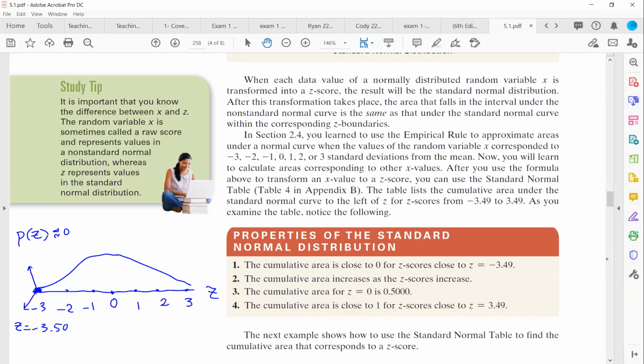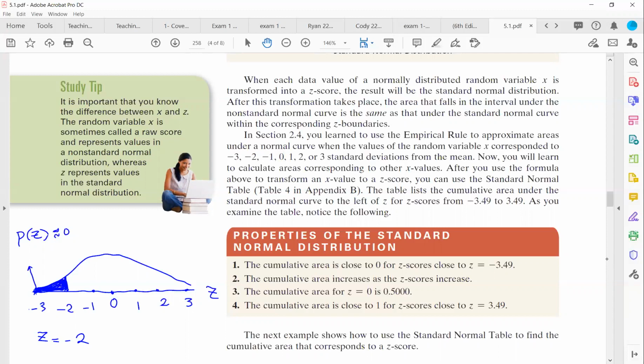Again, P of z is the area, the probability function. The cumulative area increases as z-scores increase. What's the meaning of that? Now consider using z equals -2. The probability density function is the area below the graph.